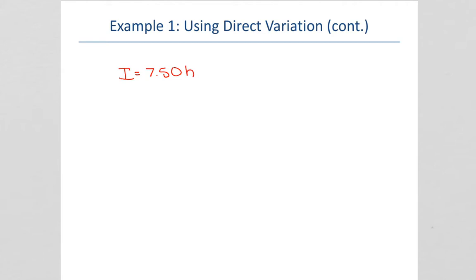She needed $60, so her income is going to need to be $60 for her to be able to buy this game. So we solve for H. Divide both sides by 7.50, and 60 divided by 7.5 is 8. She'll need to work 8 hours if she wants to purchase this game.